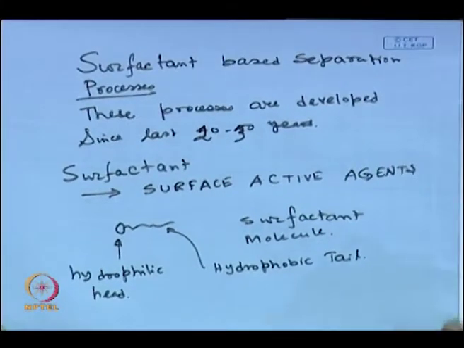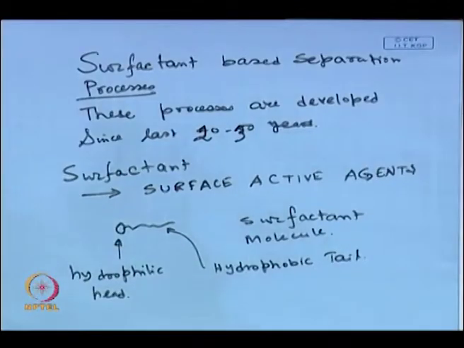This hydrophilic head likes the water environment, it is a water loving group. On the other hand, the hydrophobic tail is a water repelling group, it does not like the water environment. So therefore, it wants a non-aqueous system, for example, organic solvents. So, if you have some organic pollutant present in the system, this tail group of the surfactant will love that environment of organic pollutants or the organic phase.